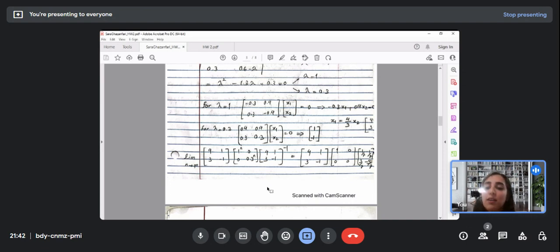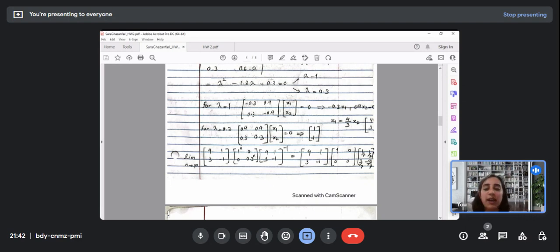So now we have this, and we can raise it to the power of n. And if we take the limit, 1 to the power of n is 1, and a number which is less than 1 goes to 0.